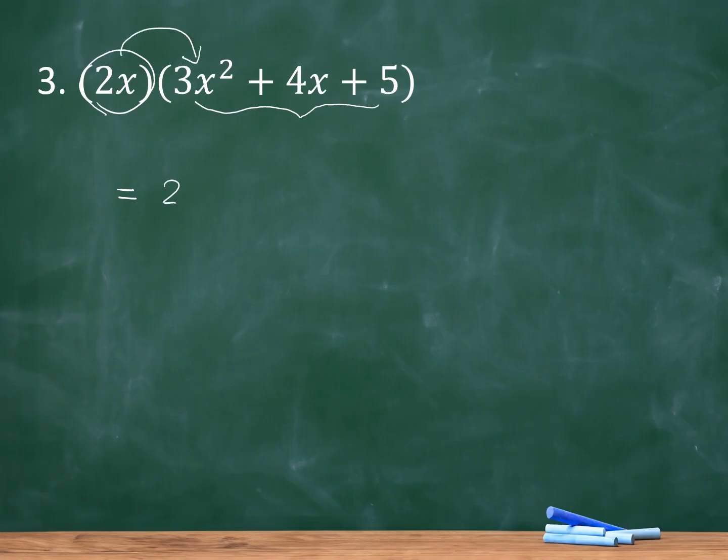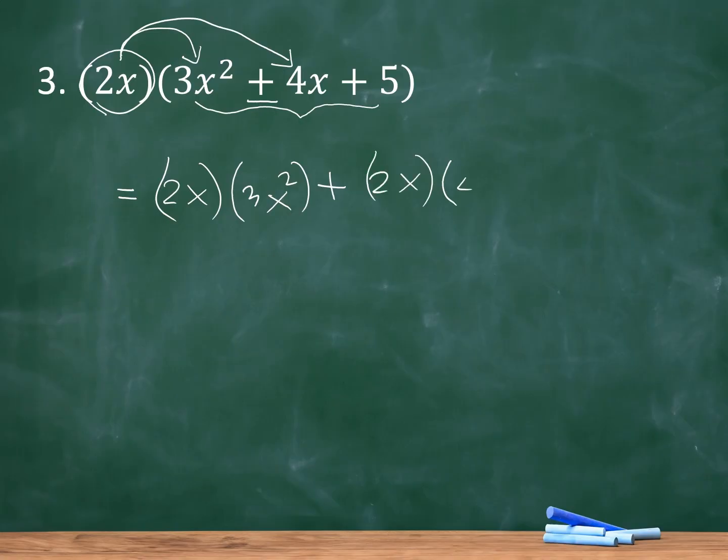Let's write it here, 2x times 3x squared. Then we have plus, so 2x times 4x. Let's write it here, 2x times 4x. Then we have another plus, so this time 2x times 5. Let's write it here, 2x times 5.